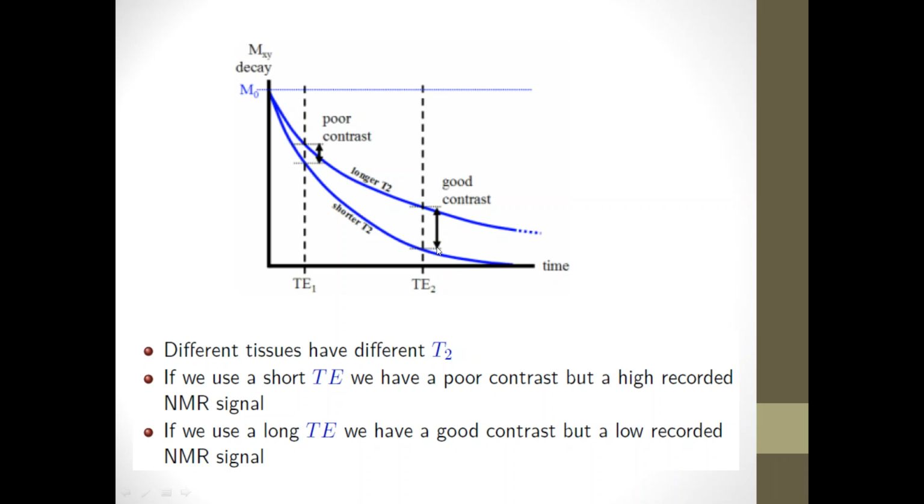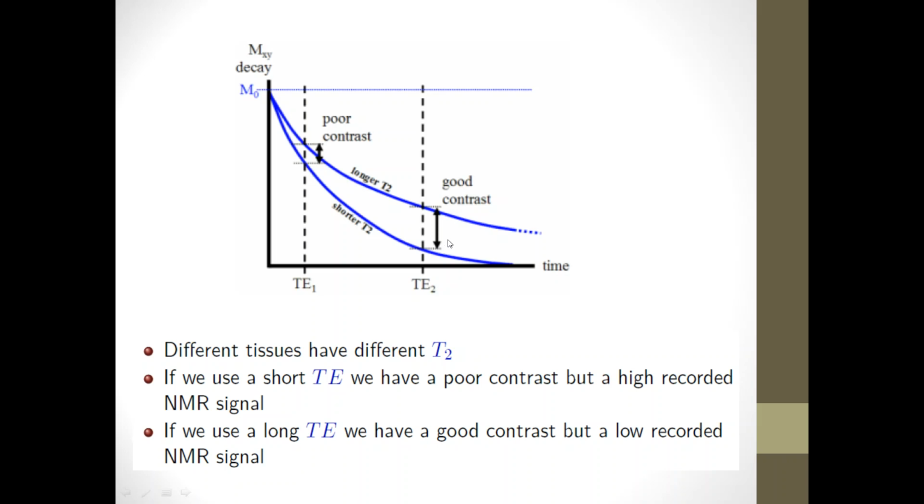So the time of recording the signal in MXY, or the T2 sequence, is important to get better contrast. If you select a short TE, you will get poor contrast between the tissues, but if you select a long TE, you can get a good contrast between different tissues like water and fat.